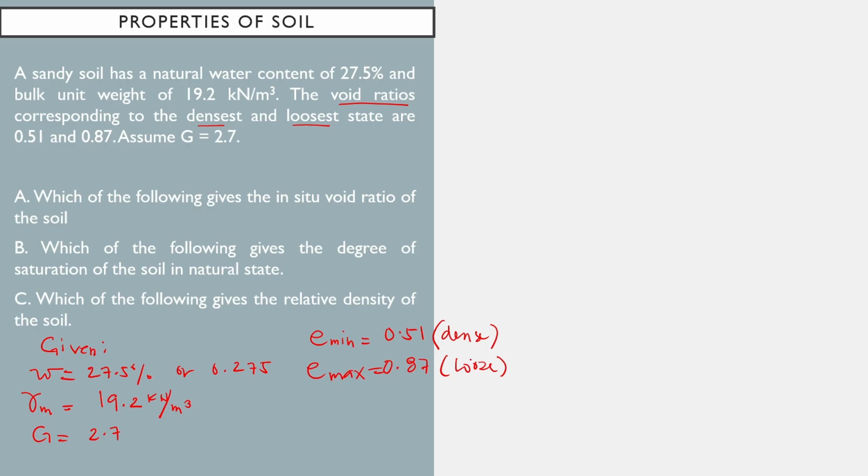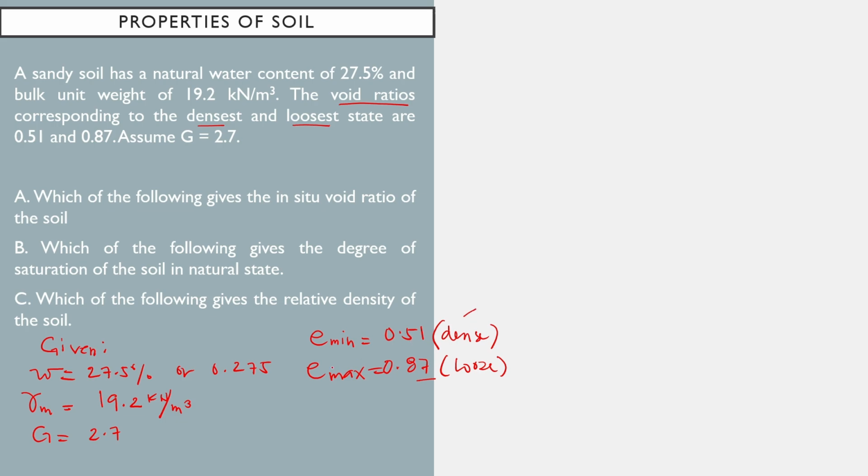Kumbaga, mas marami siyang void ratio kapag yung lupa is buhaghag. Loose soil. Mas maraming void ratio. Kaya yun yung maximum na void ratio. While yung dense, of course, naka-intact pa yon. Mas maliit lang yung void ratio. Kaya yun yung minimum na void ratio. So, tandaan kapag E minimum, yun yung dense. Yung E maximum naman, yun yung loose. Okay, yun yung tandaan natin.